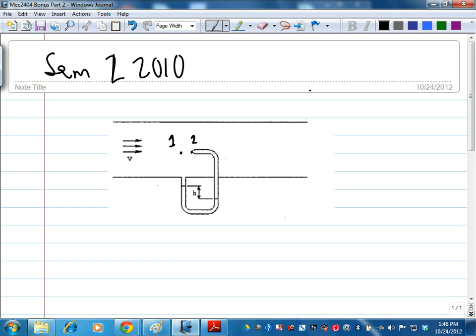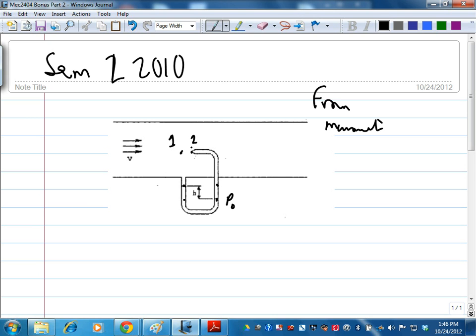For the manometer, we can say here and here have the same pressure, P naught.